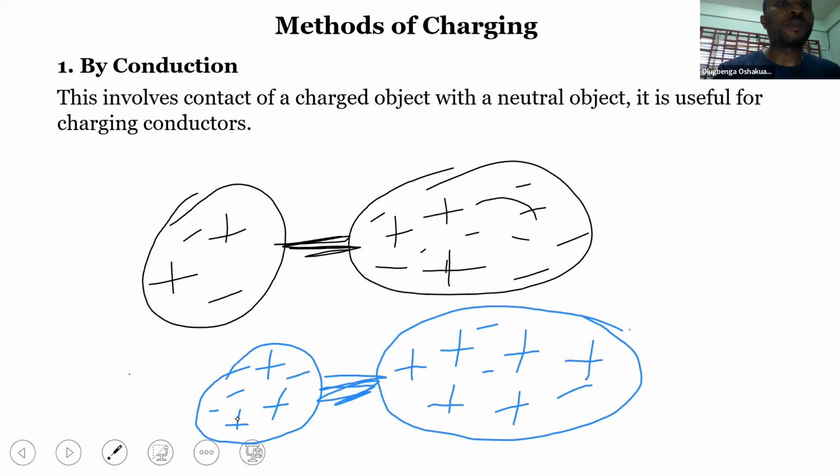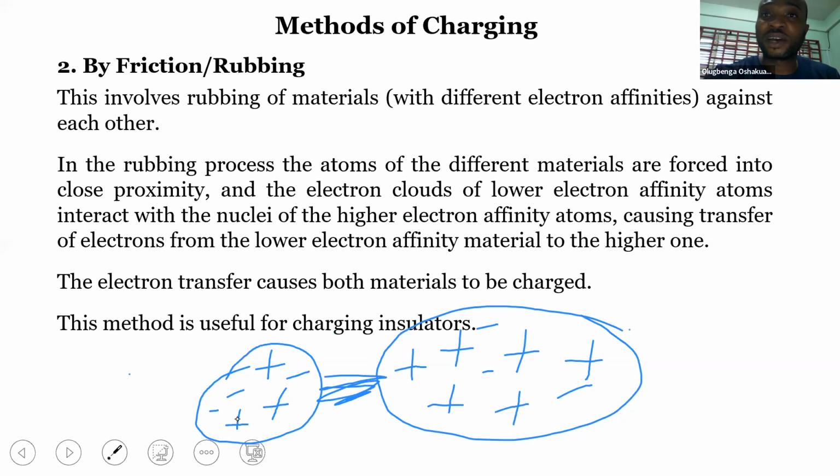So we don't talk about protons moving. And a good excuse can be attributed to the masses of protons and electrons, because protons are heavier than the electrons, and the difference in their masses is far apart.